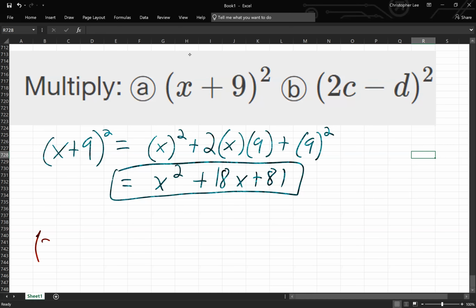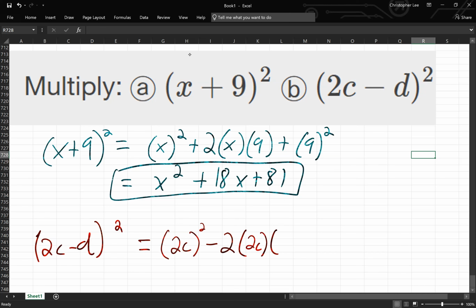Next one, I have 2c minus d. All right, so I want to use a shortcut. So that's going to be a squared, which is 2c squared, minus 2 times a, which is 2c, times d, which is d, plus the d squared.